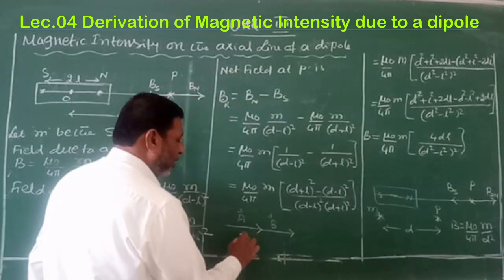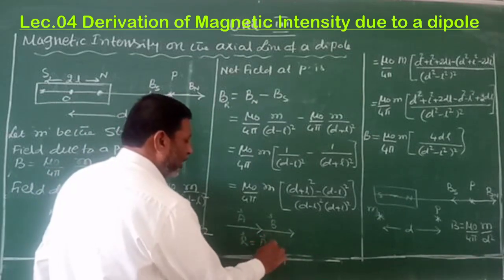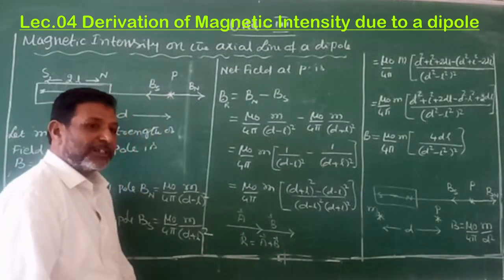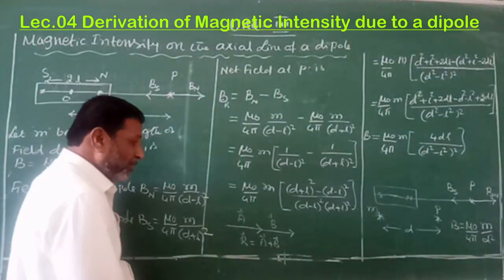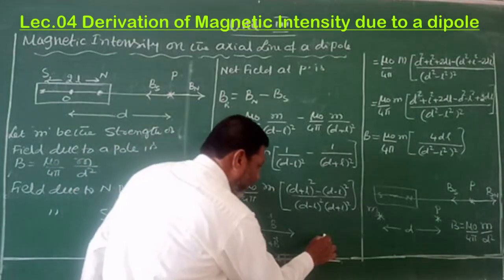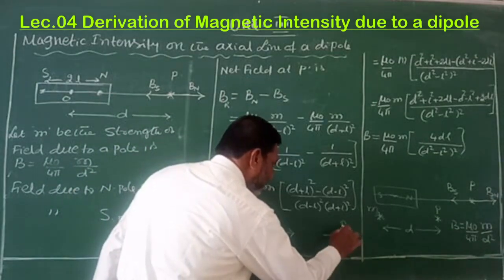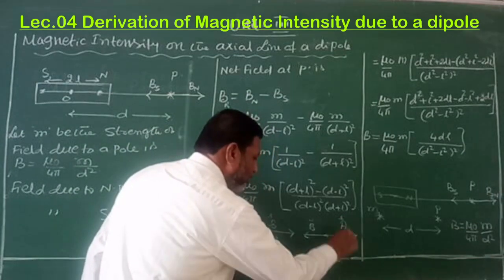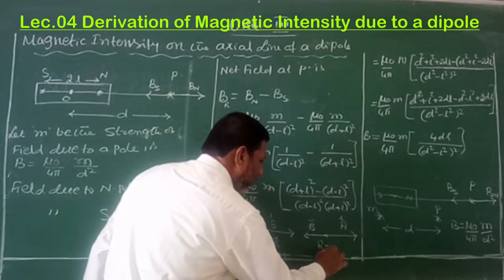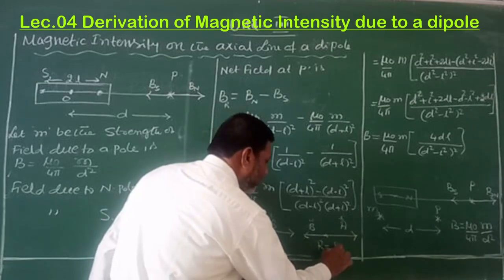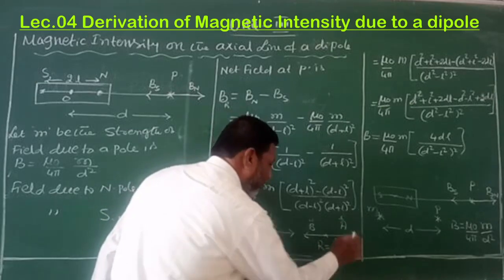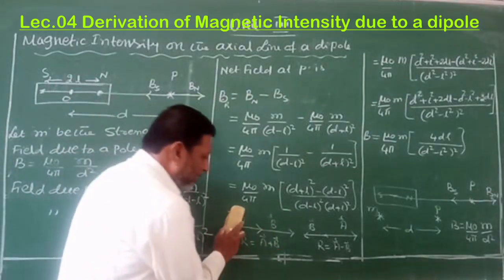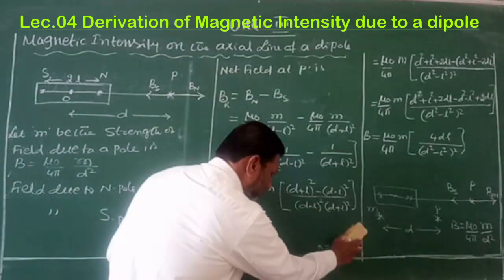Then the resultant R bar is equal to A bar plus B bar if they are in the same direction. Instead, if they are in the opposite direction, let us say this is A bar and this is B bar, then the resultant is equal to the difference of these two, A bar minus B bar.